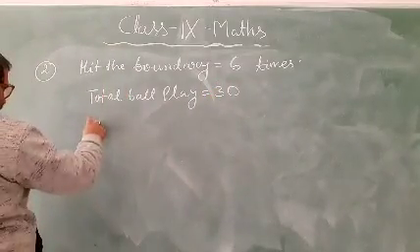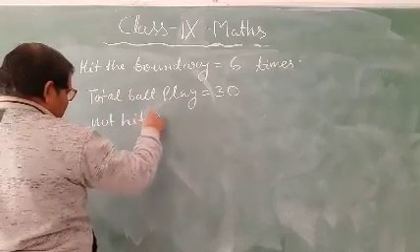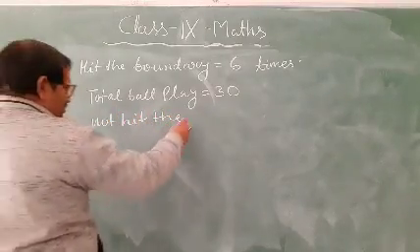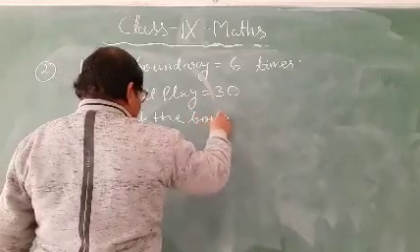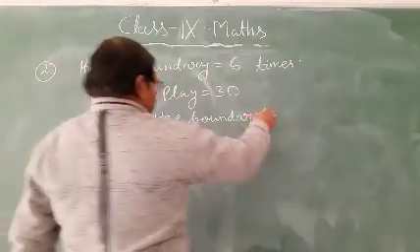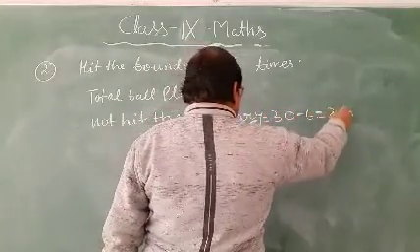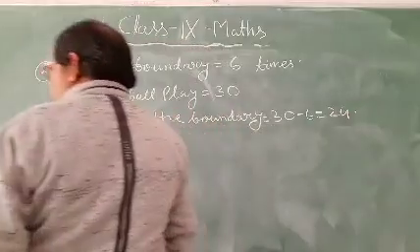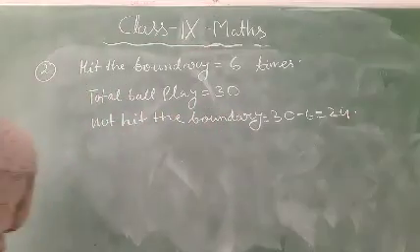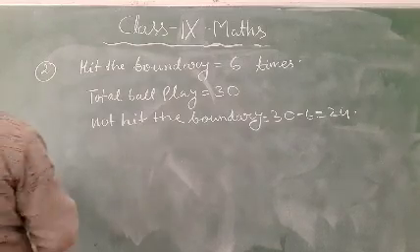Not hit the boundary is 30 minus 6, that is 24. Find the probability that she did not hit a boundary.